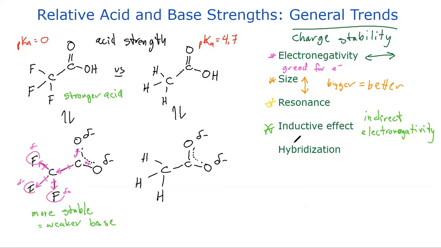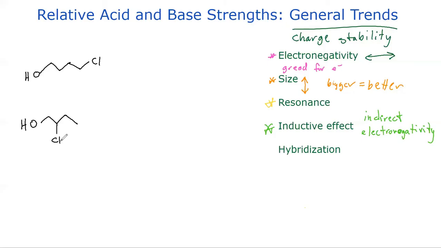Now that inductive effect drops off quickly with distance. So if we look at another example, in this case we have two butanols, or 1-butanols, and each one has a chlorine on it, so same element, same electronegativity, but the chlorine on this one, 4-chloro-1-butanol, is considerably further away.